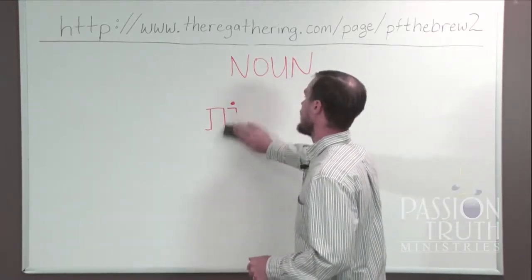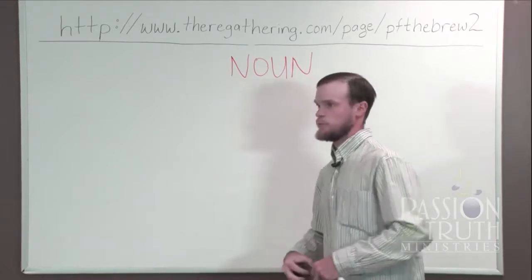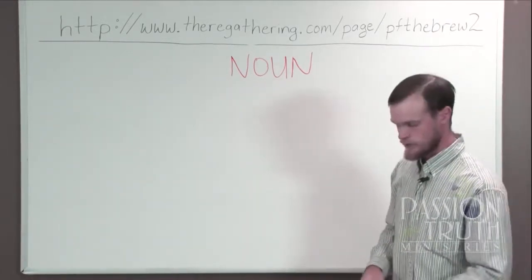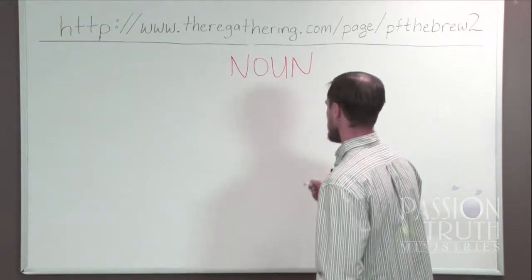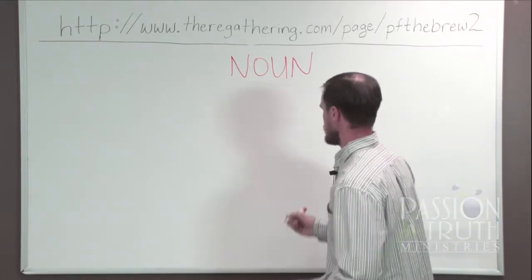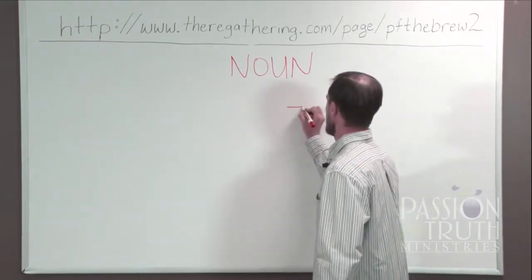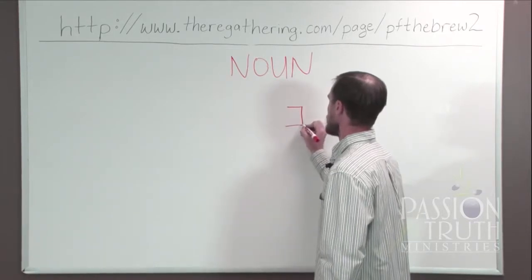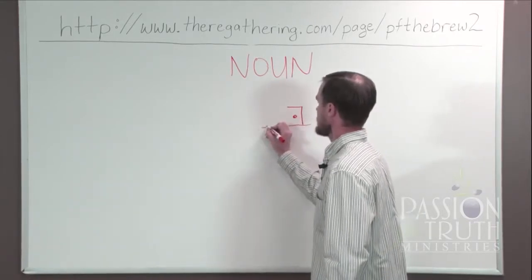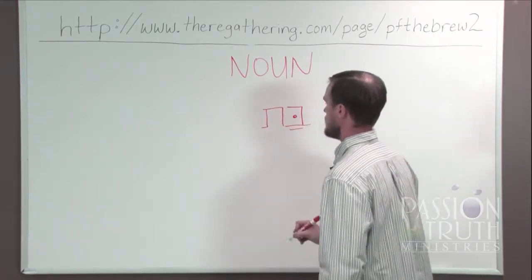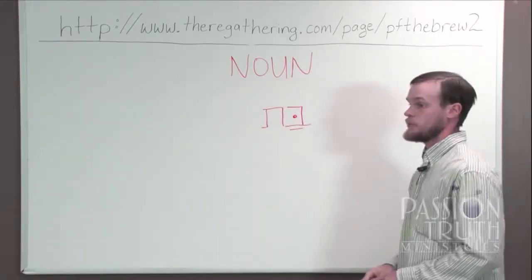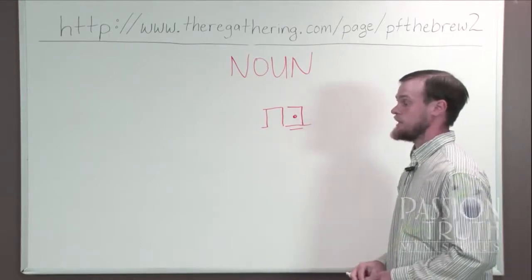Another thing that can happen when a word is made plural is sometimes letters can appear or disappear. So, for example, the word bat. Okay, bat is a feminine noun, and it means daughter.